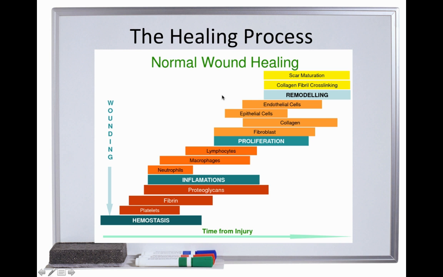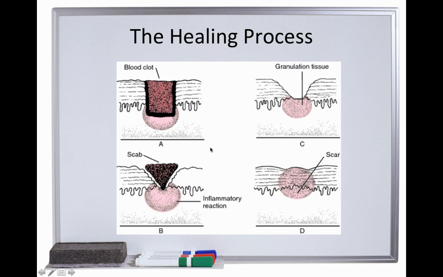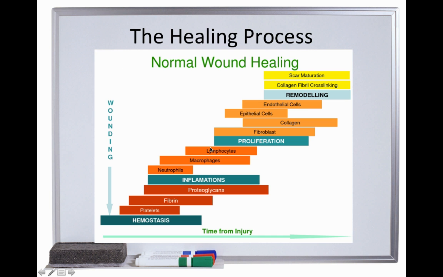So if we bump back here, I can show you that. If you're not getting enough of the damage to bring in the macrophages, neutrophils, and such, you're not getting enough signaling from histamine, leukotrienes, and cytokines to actually clean up that wound.